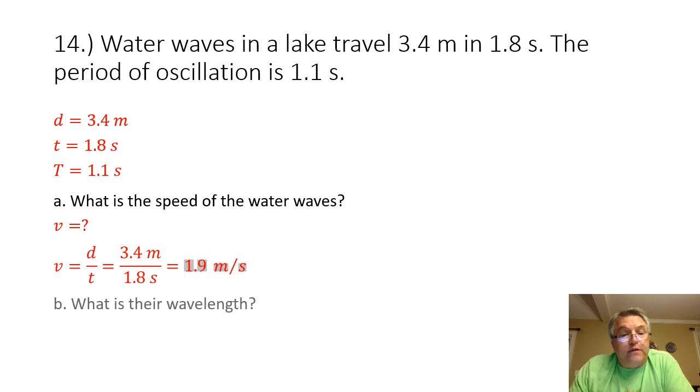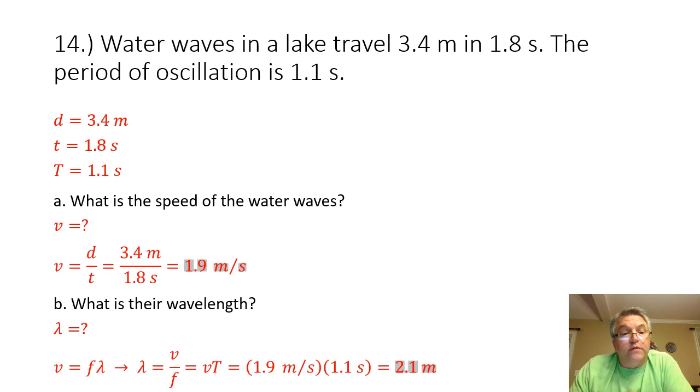The next thing I want us to find is the wavelength. So we are looking for lambda. And I know my wave speed formula is the speed of the wave equals the frequency times the wavelength. If I want to solve that for wavelength, I know wavelength is equal to velocity divided by frequency.